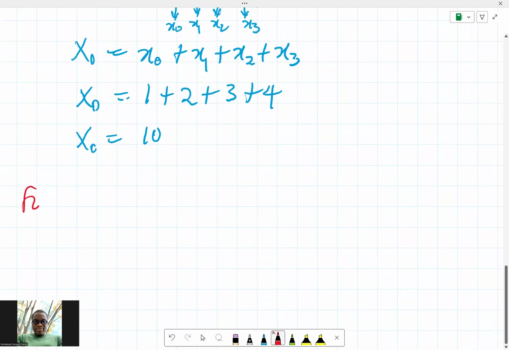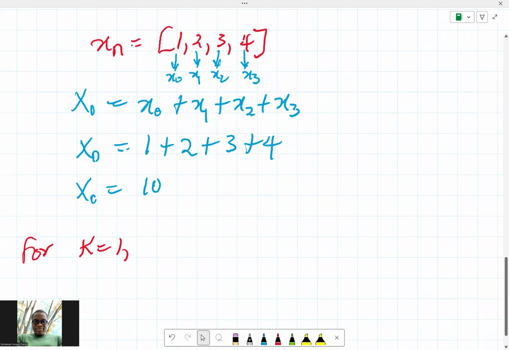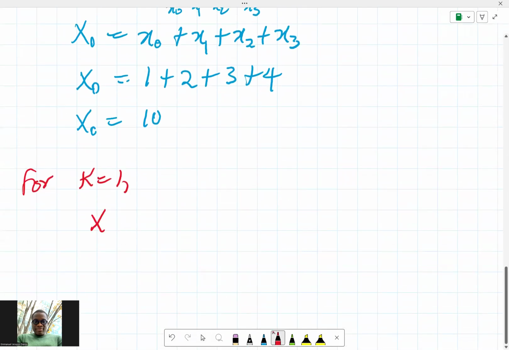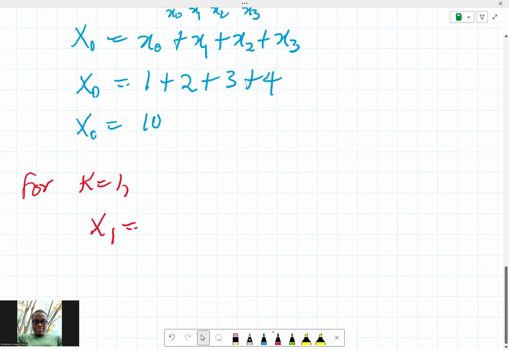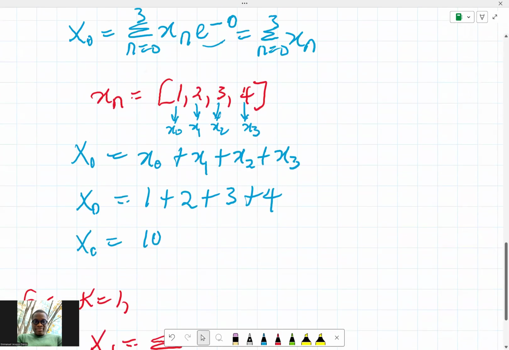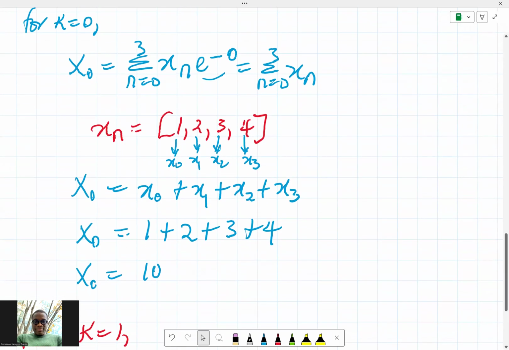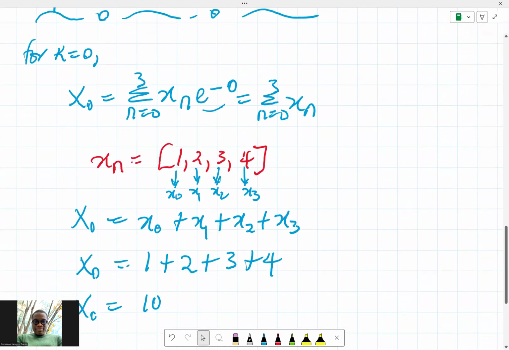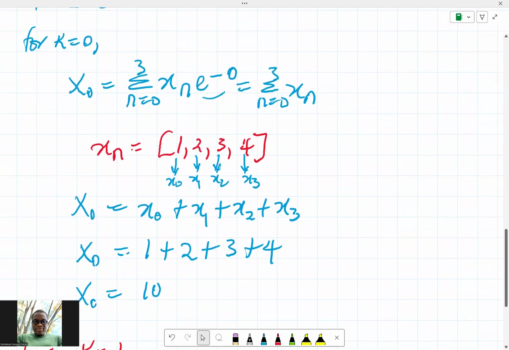Say for k equals 1 now. So you look at the expression again. It means we have x1. So that's x1 equals the summation, and k is 1.